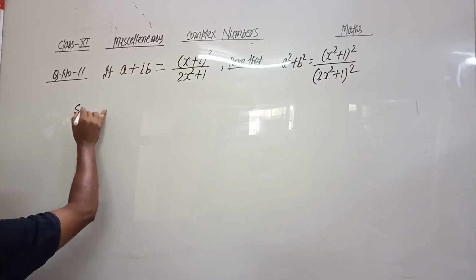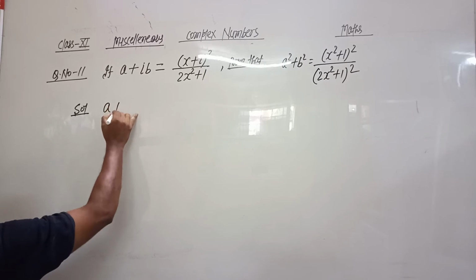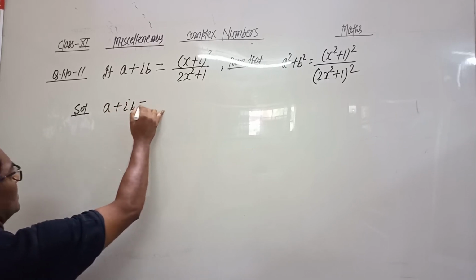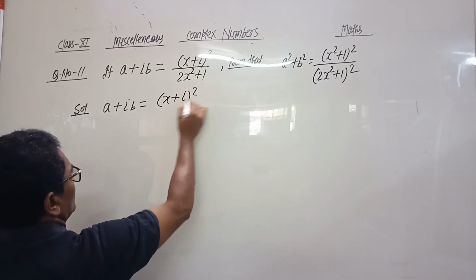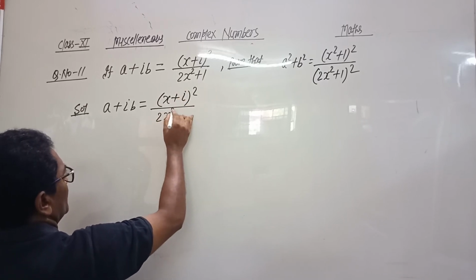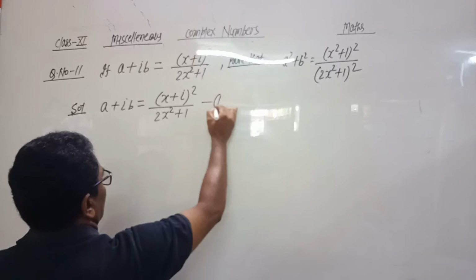So we are given a plus iota b equals (x plus iota) the whole square upon 2x square plus 1.